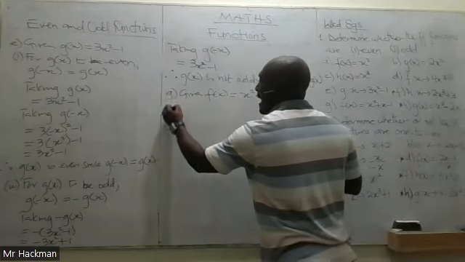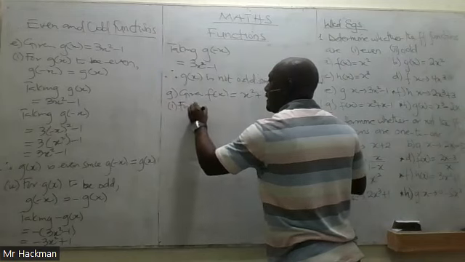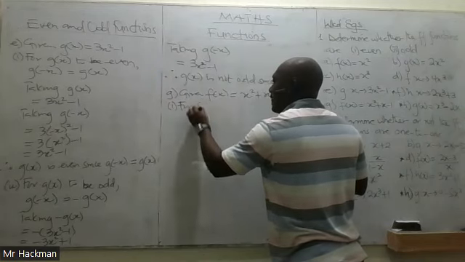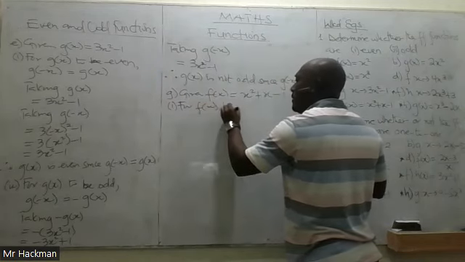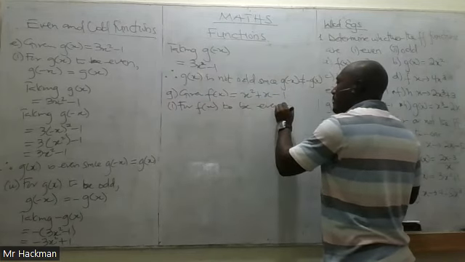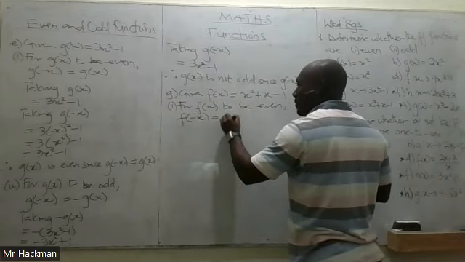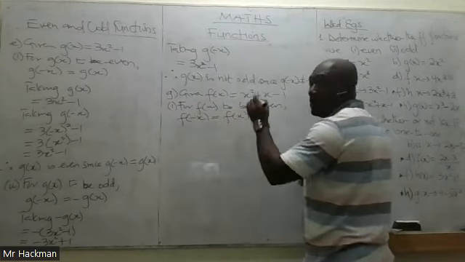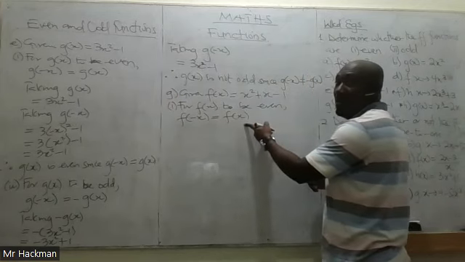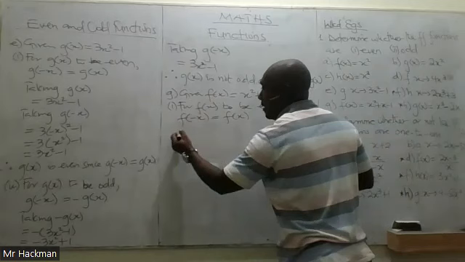So in this case, for f of x to be even, we know the condition: f of minus x should be equal to f of x. As usual, this side is very easy because it is copy and paste.